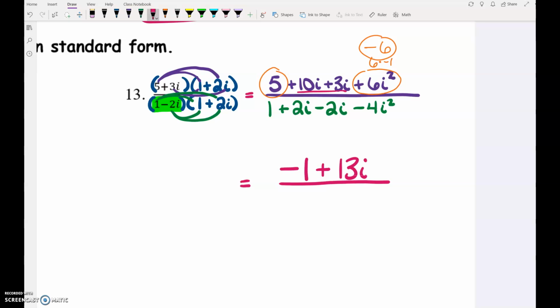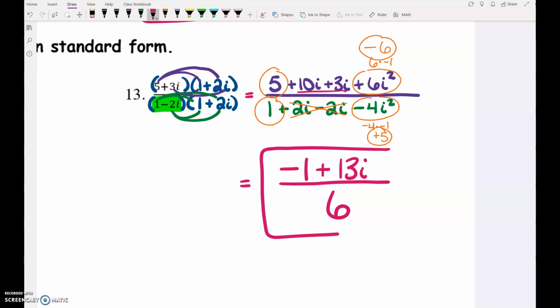So the top of our answer is negative 1 plus 13i. On the bottom, the middle cancels. Negative 4i squared is negative 4 times negative 1, so that's really a positive 5. We have 1 and 5, which is 6. So our final answer is negative 1 plus 13i over 6.